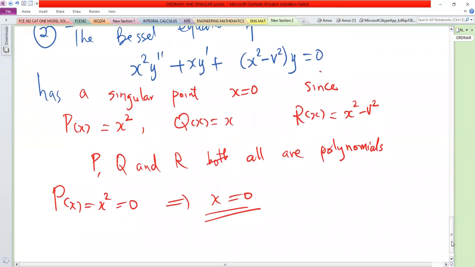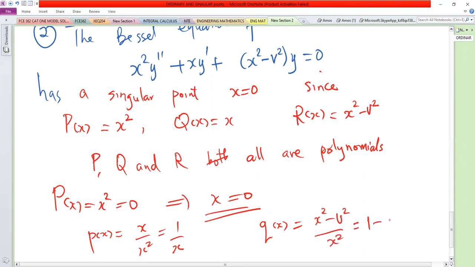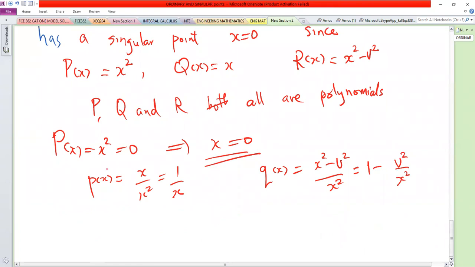Another way of doing it is just saying that small p of x is given by x over x squared, which is 1 over x, and q of x is given by x squared minus v squared over x squared, which gives us 1 minus v squared over x squared. Clearly, you see that these functions cannot be differentiated at the point where x equals 0.